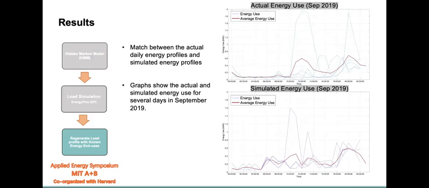The diagrams are showing the energy used in each hour of the day. So it can be seen there is a great match between the simulated and actual energy use profile and also the pattern of use. The red line in both graphs is showing the average of use in days presented in blue.